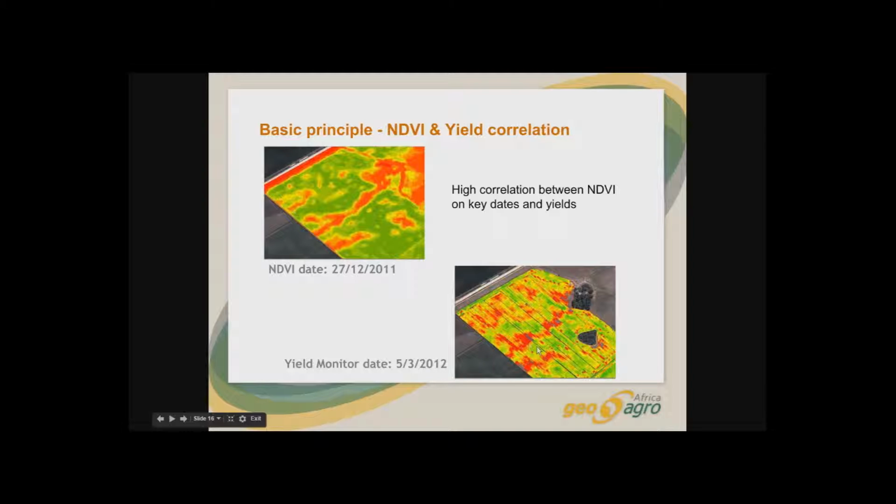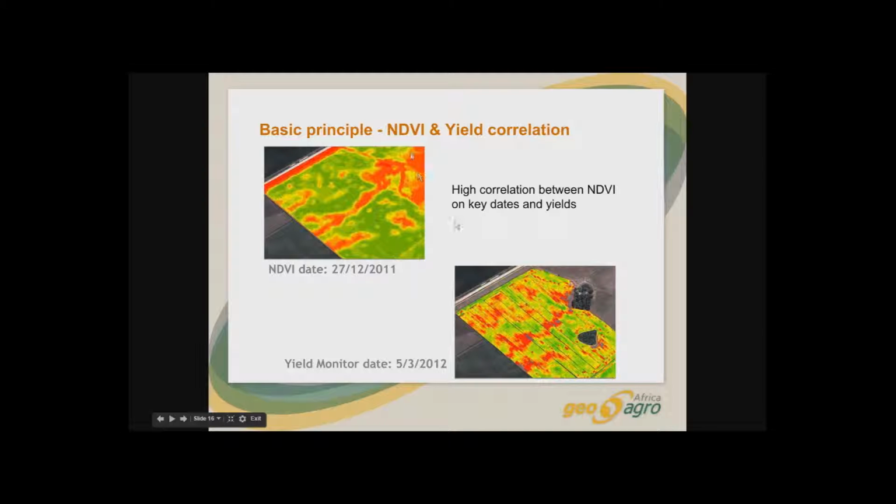So there's a 60-day difference, and we can see visually, and we can do this by analyzing both with data analysis as well, a close correlation between the NDVI and the resulting yield monitor. And maybe something happened in some areas where there are some higher differences.